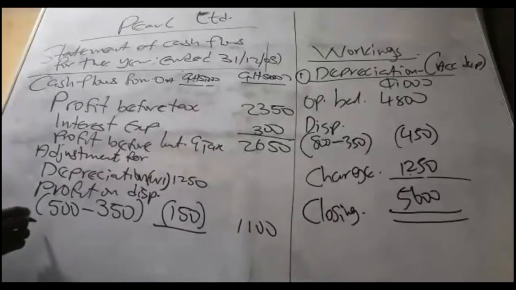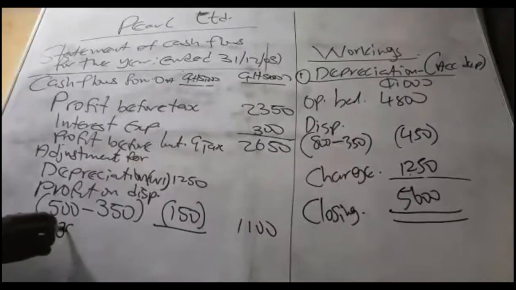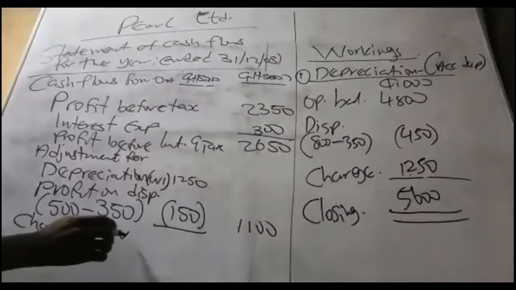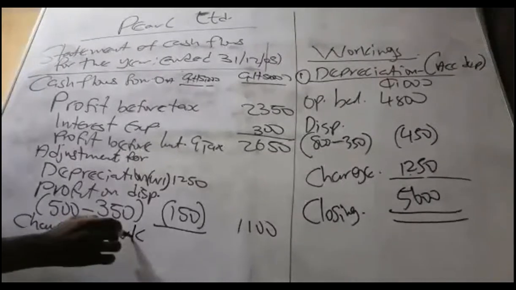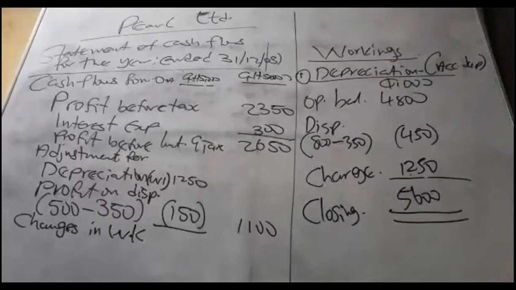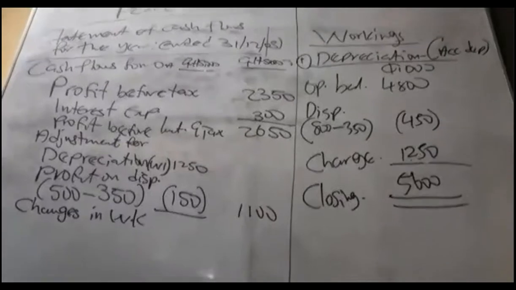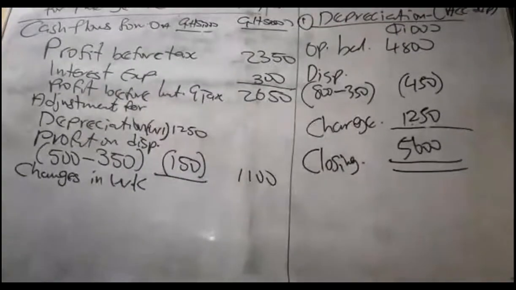So what you do is you come here and then you record changes in working capital. No shortcuts in exams. So changes in working capital, we are looking at the three working capital items.